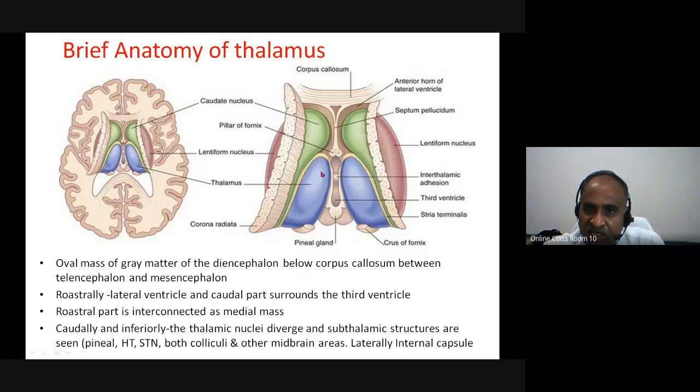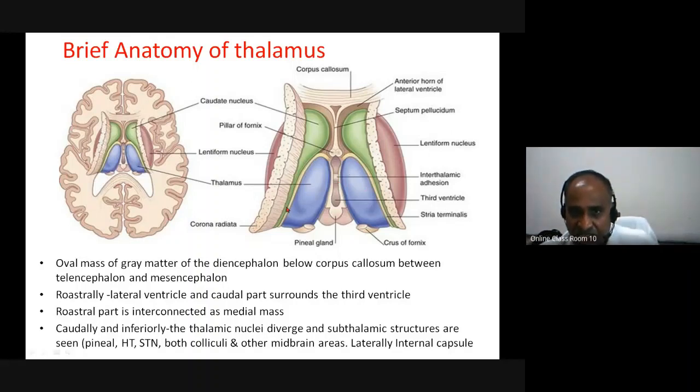This part is interconnected. We have the intrathalamic adhesions here. Maybe in the next section you will see it better. Caudally and inferiorly the thalamic nuclei diverge, so they separate out.